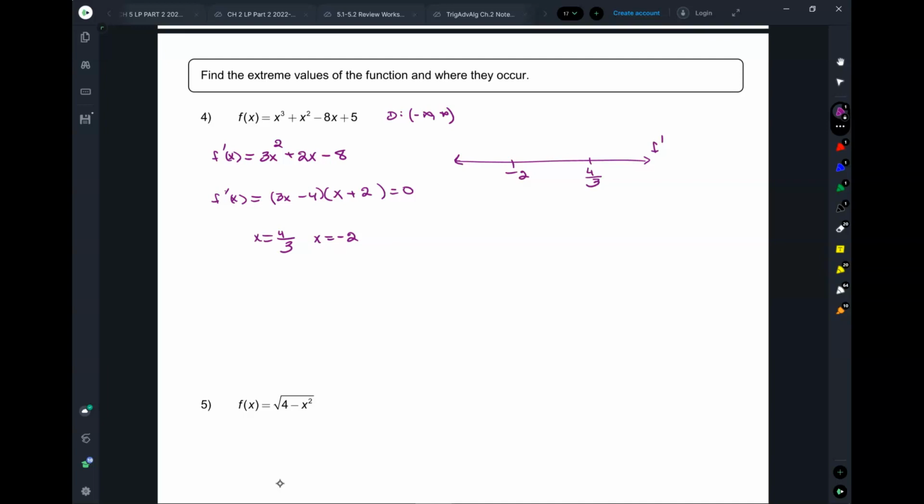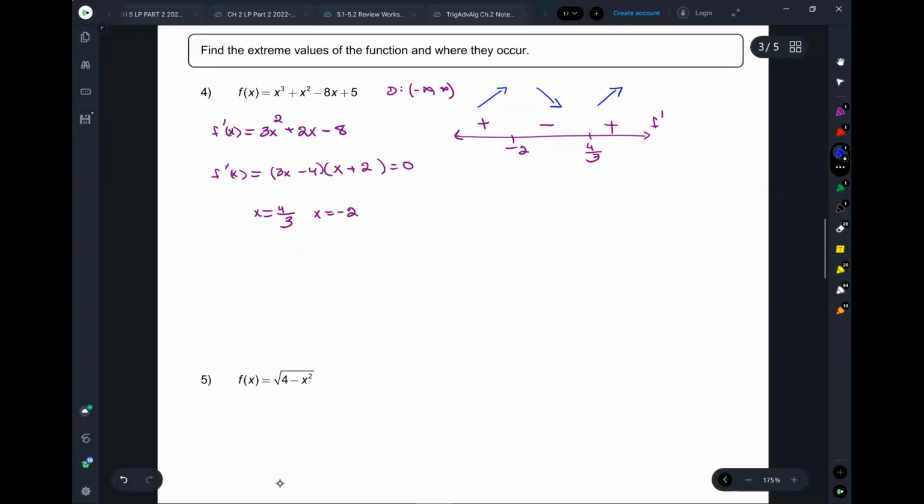Because it's got to be past negative 2. So negative makes positive, so this is positive. Okay, if I plug in 0, always do 0 when it's in between a negative and a positive number. Negative, positive, negative. And then the other one is going to be positive. So that's f prime, okay? F prime is positive, means f is increasing, decreasing, increasing.